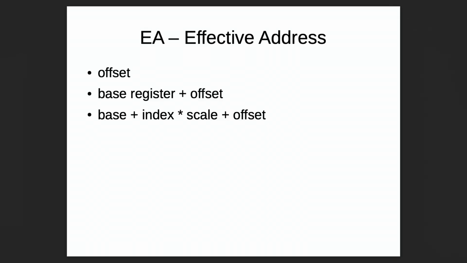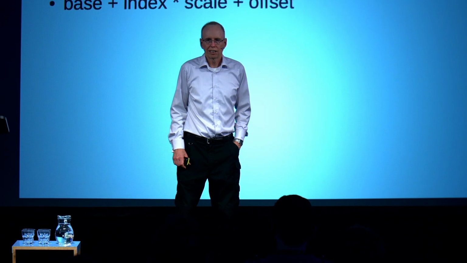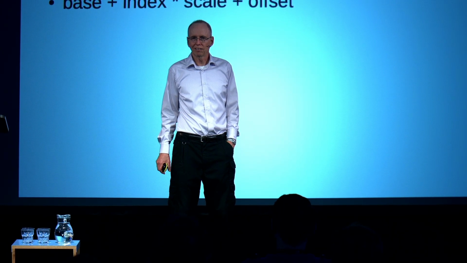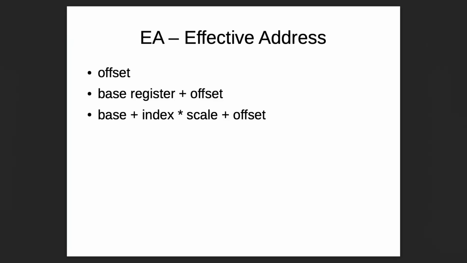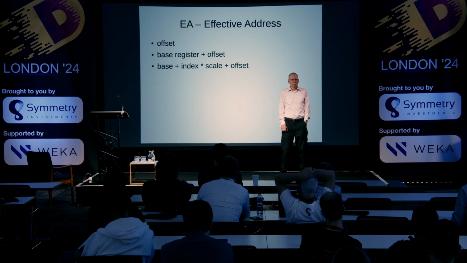One thing the x86 has is something called an effective address, which is a single byte, and sometimes 2 bytes because nothing is very consistent in the x86, but it encodes 3 kinds of addresses. There's the offset, and by offset I mean 0 to 32 bits or 0 to 64 bits, so it's basically any address on the machine.